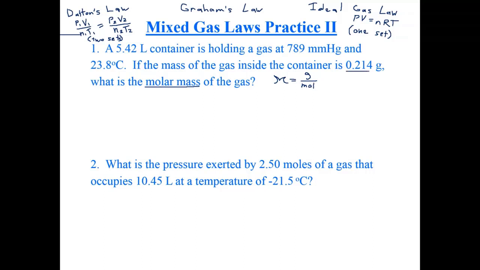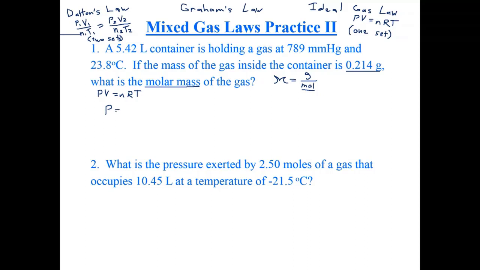Well, I have the grams, which means the only thing I need to solve for molar mass is the moles. And I can solve for moles with the ideal gas law. I'm going to use PV is equal to nRT. And let's list out our variables.